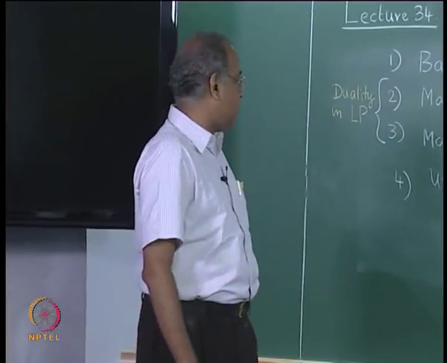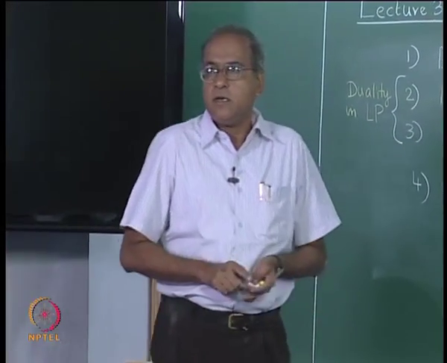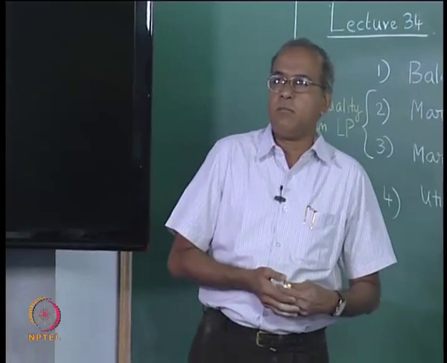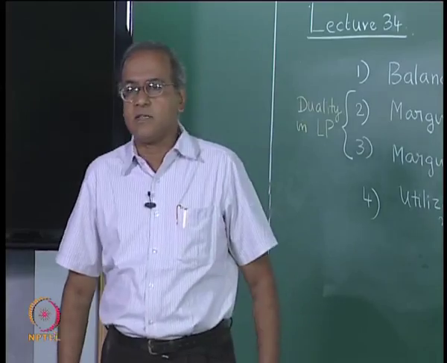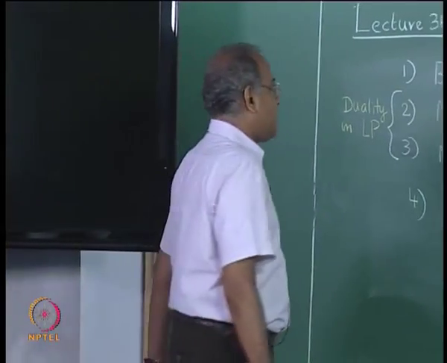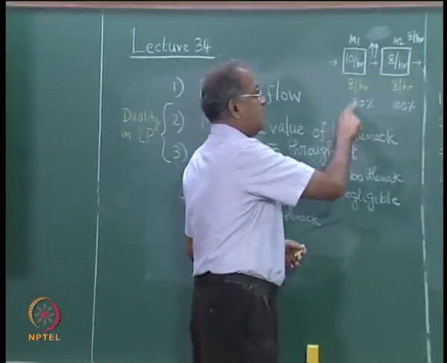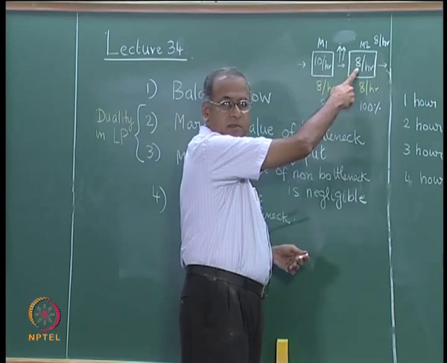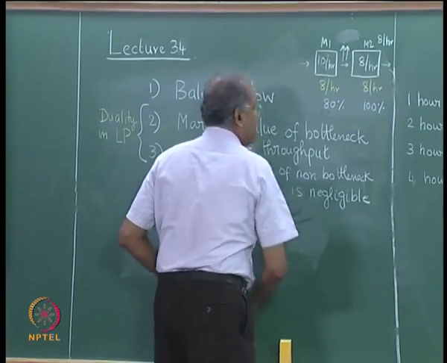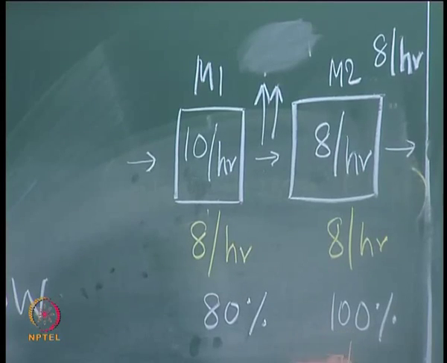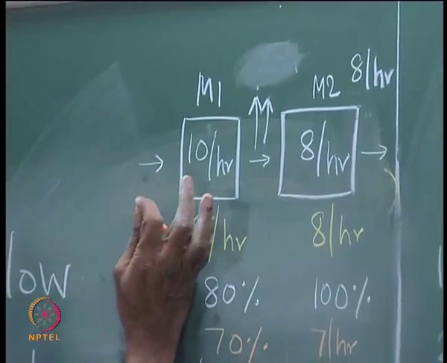If we read SM4 carefully, the level of utilization of a non-bottleneck is controlled by other constraints in the system. So, which is the one that is controlling this utilization? It is this. If for some reason this is not 8 per hour, whereas this output is 7 per hour, then this utilization will become 70%.